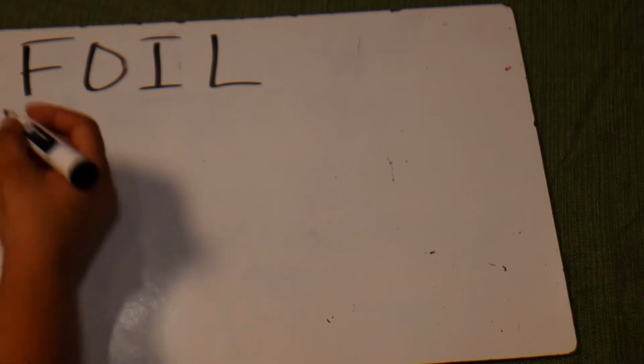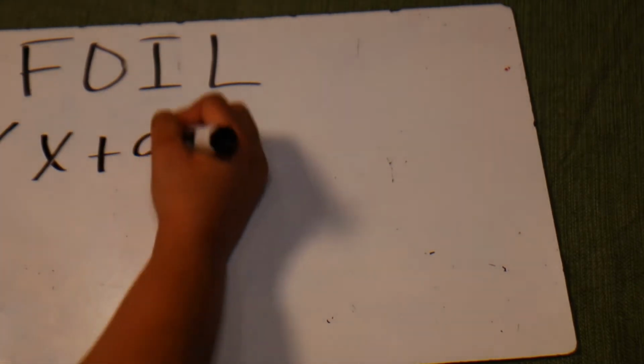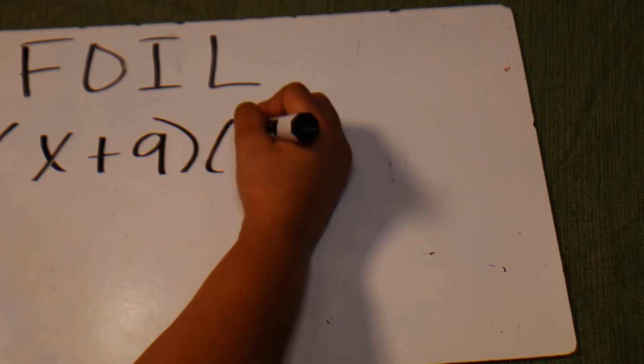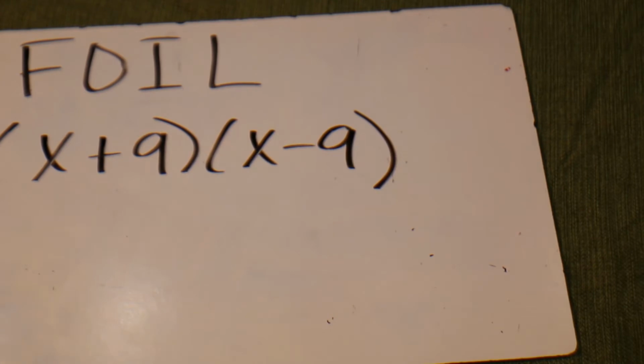So first, we're going to do one of the problems from the lesson quiz. So we have x plus 9 and x minus 9. Now, when we are solving with the FOIL method, we're multiplying, okay?